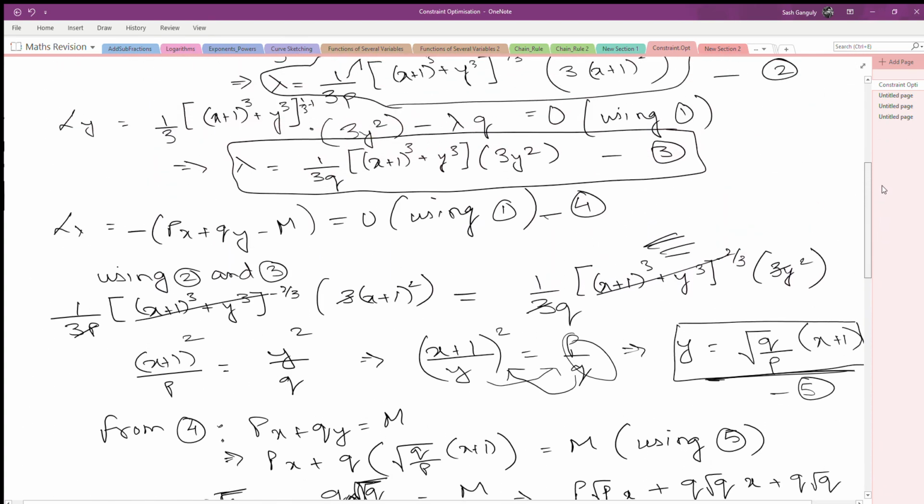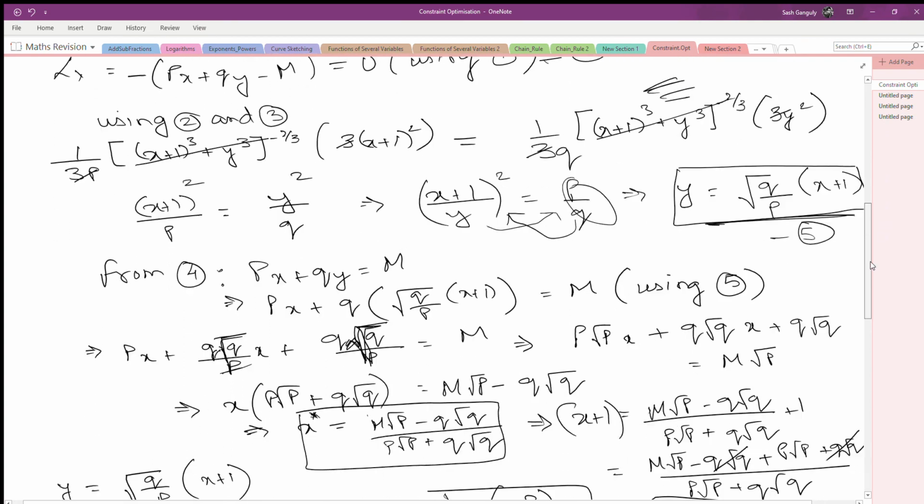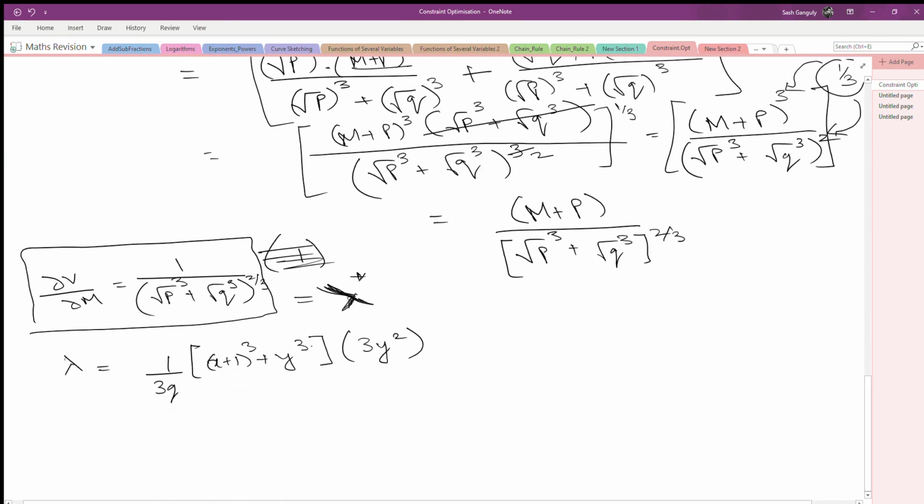So 1 by 3 cube, yeah, that looks good. Okay, so if my lambda is this, using, I believe that was equation 3, but do verify that in your time, using 3. So therefore, lambda star will just be, if I replace x and y by x star and y star, then that should give me my lambda star.